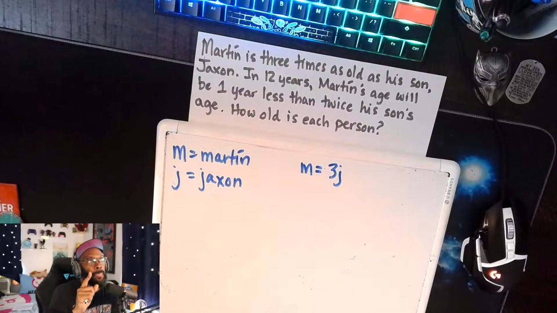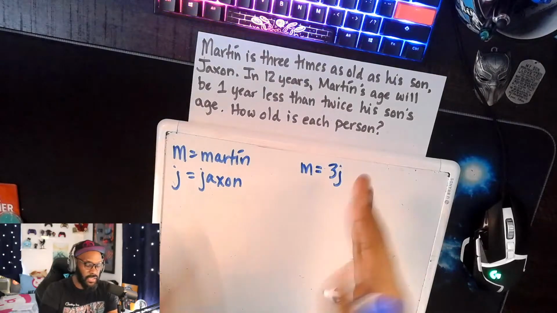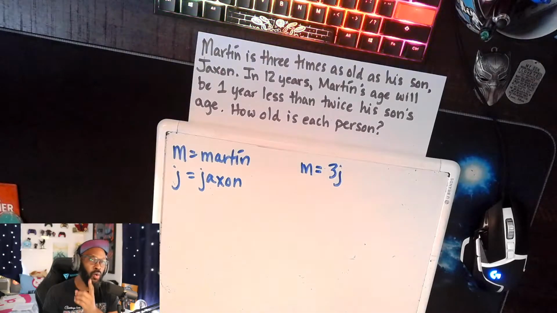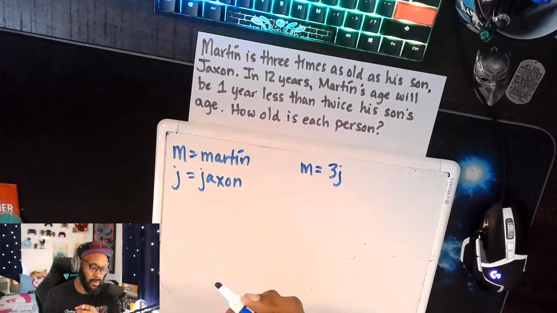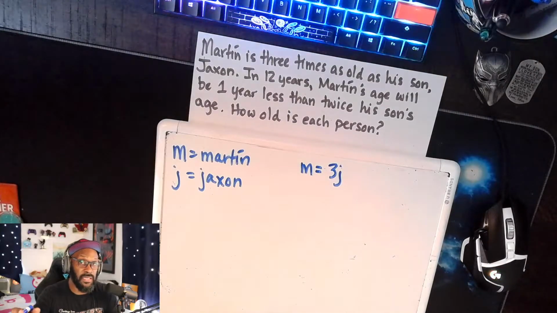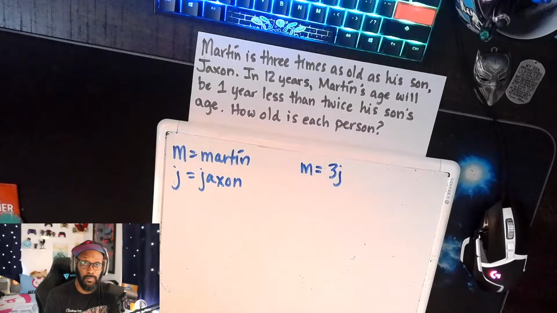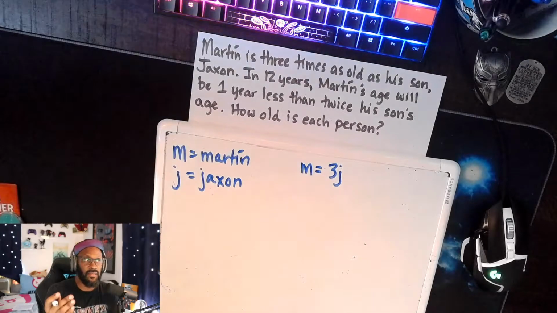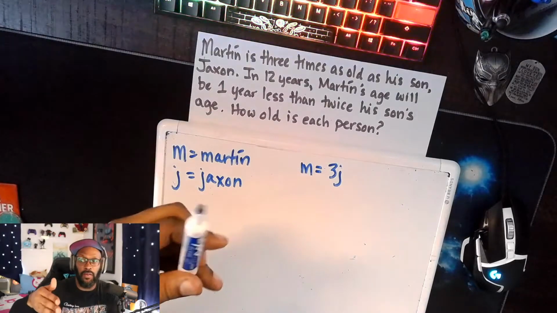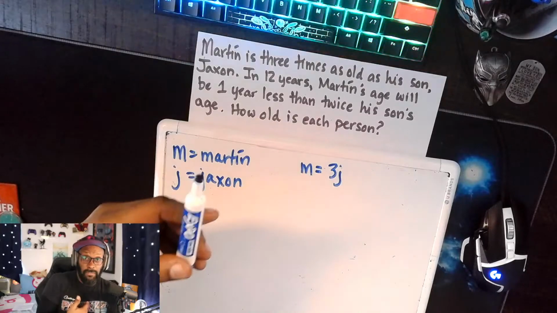Okay, 12 years from now, we're talking about this whole scenario here. Who is affected by the 12-year difference? Is it Martin? Is it Jackson? Is it both? Well, that makes sense. It's both, because if we were talking about 12 years from now, I have to be included in that, right?